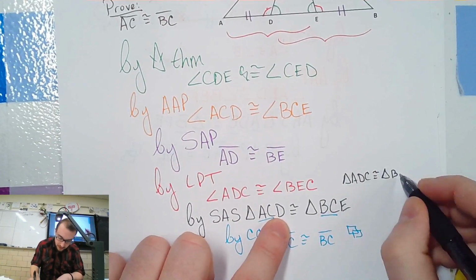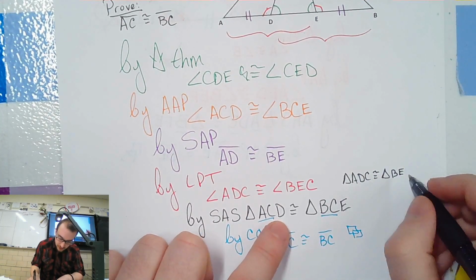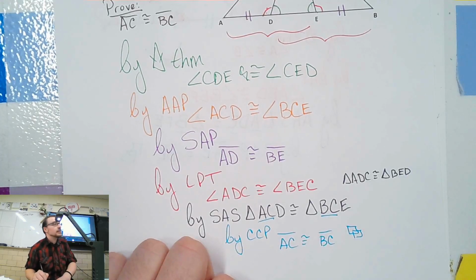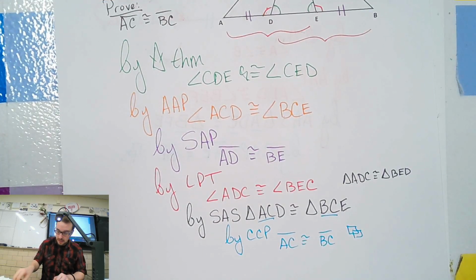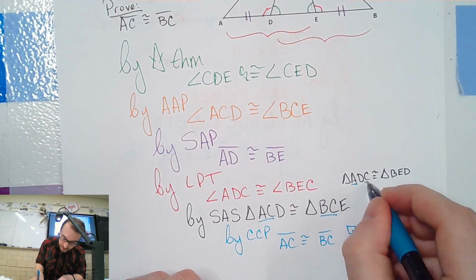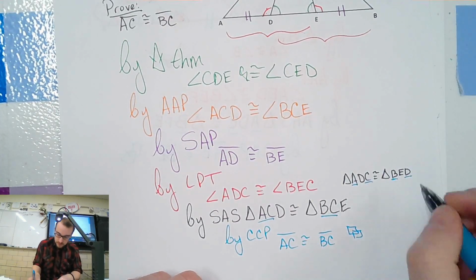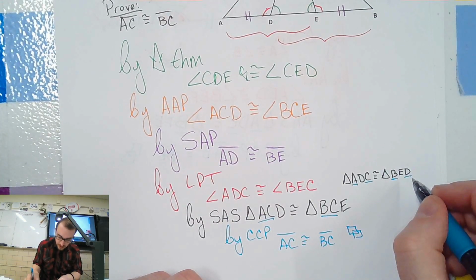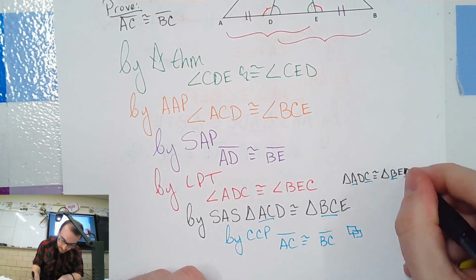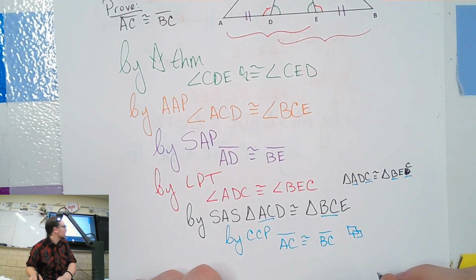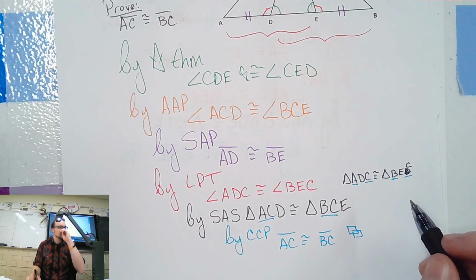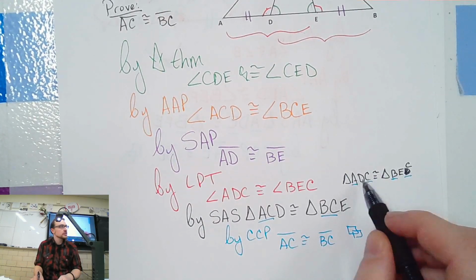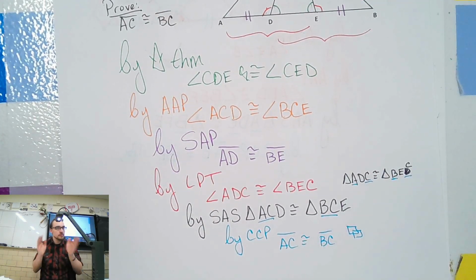D goes with E, and then C goes with D. You would have written that. And then when you did AC and BC, you would have done this. Oops, did I miss a thing? Oh yeah, it's not D, it's C. Right? And see how they're still corresponding, right? It doesn't matter what you write the first one as long as you follow the second one, make sure it lines up right.